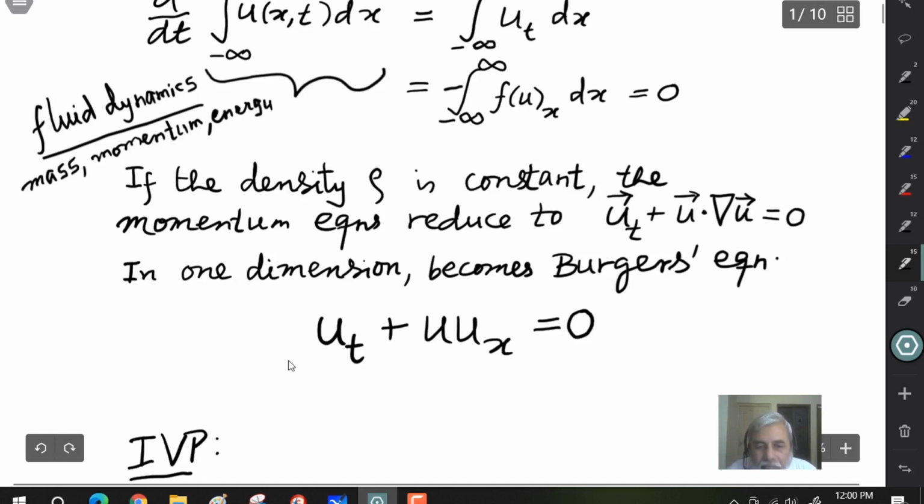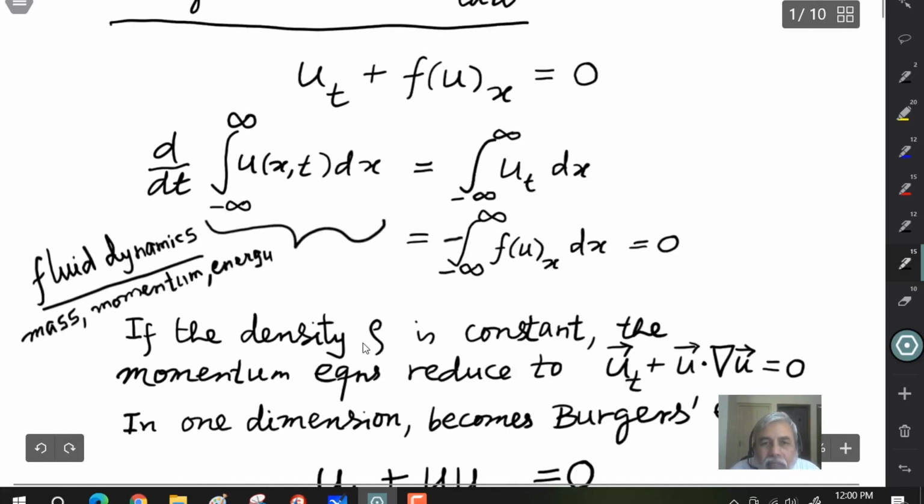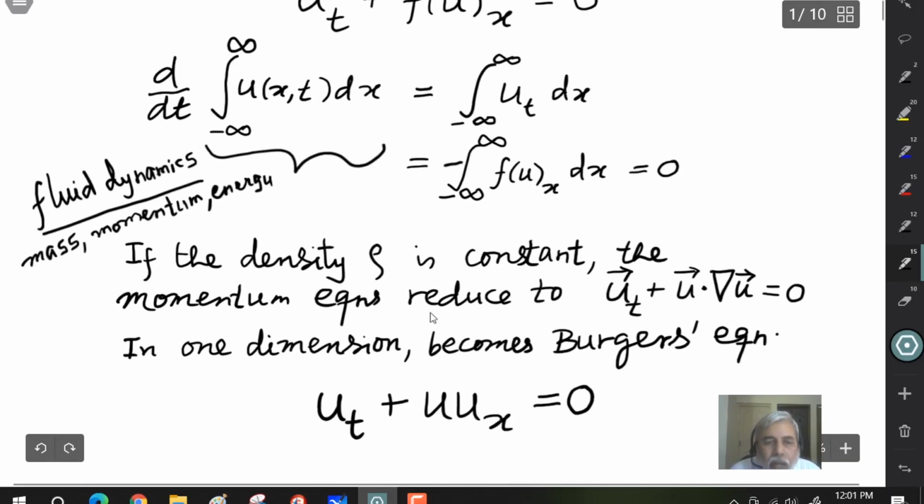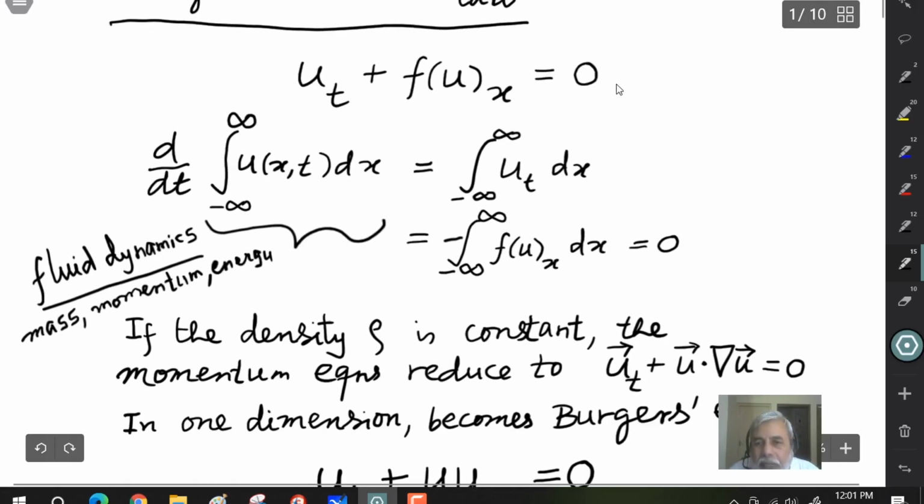Since then this equation has played an important role in the development of the theory of conservation laws. This is a single equation, whereas if you look at the Euler equations, they are systems. So system and single equation, there is lots of difference.